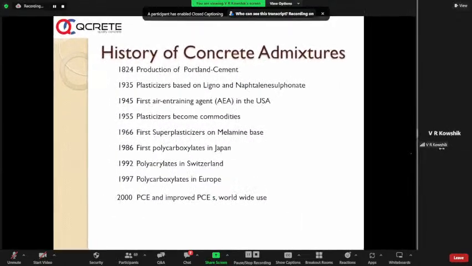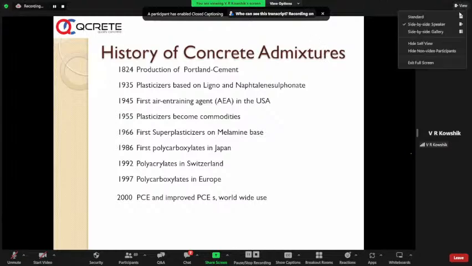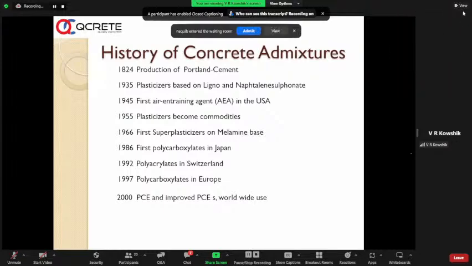We can see here, about 200 years back, Portland cement came, and then air entraining admixtures came, and by 1955, plasticizers became commodities. In 1966, superplasticizers came into existence based on melamine formaldehyde.